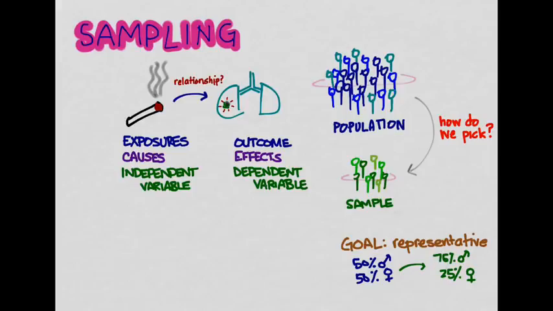Look, there's way more men in here than there are in the population. There's way too few women. So this would obviously skew any data that we have in favor of the men, whereas in reality that might not be the case. So how can we guarantee that we get a representative sample? Well, we can't guarantee it, but we can increase the odds of it, and that's what we're going to talk about in these next few videos.